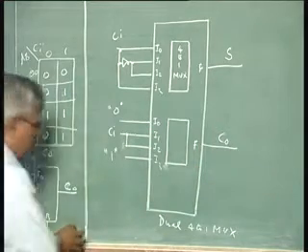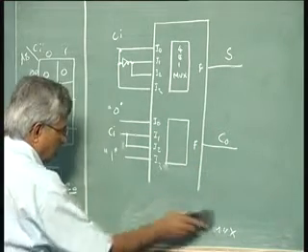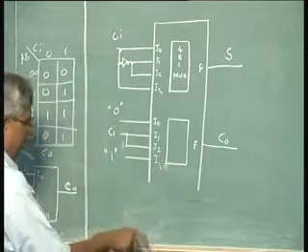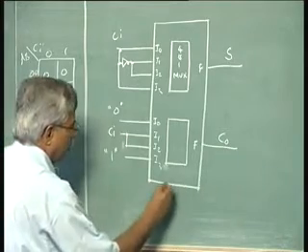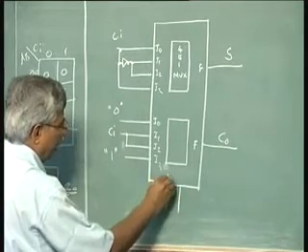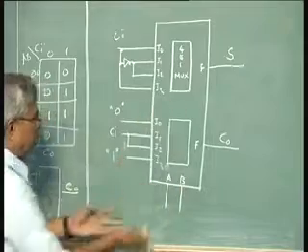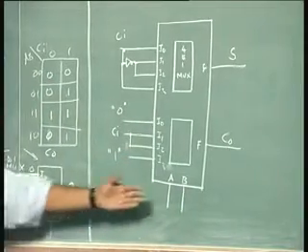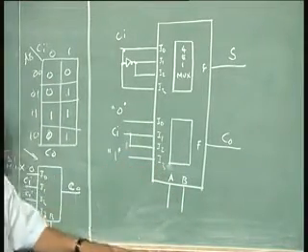And to the two selectors we connect the 2 bits A and B, which would be connected internally. I am not showing all internally because we only have these things available to us. So I will connect A and B here.